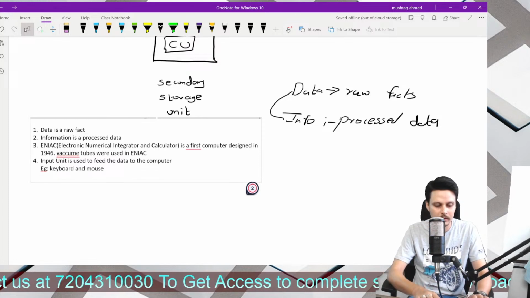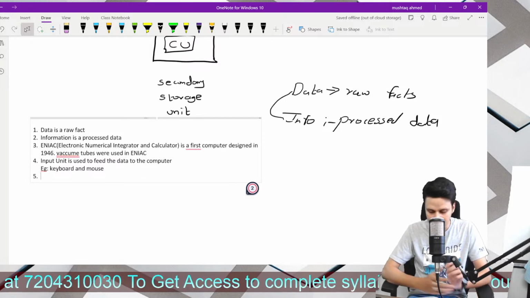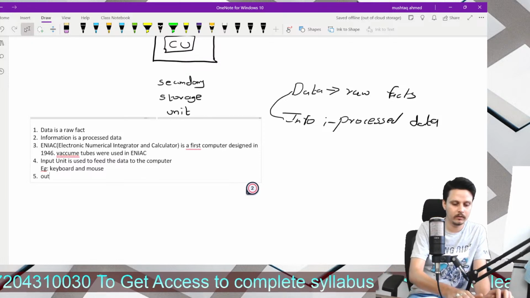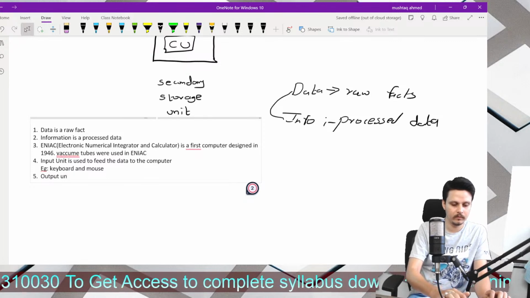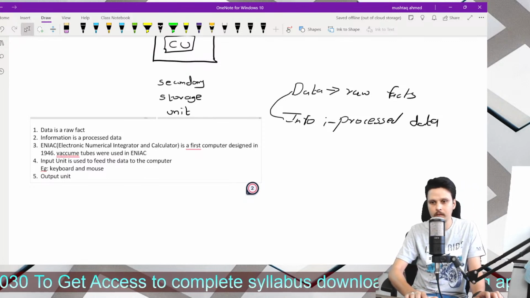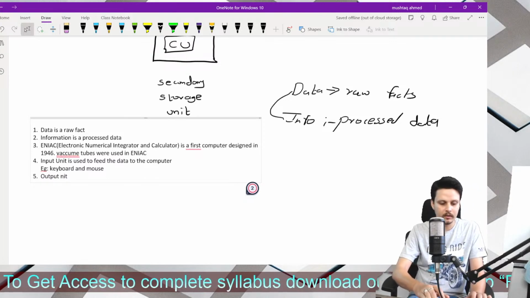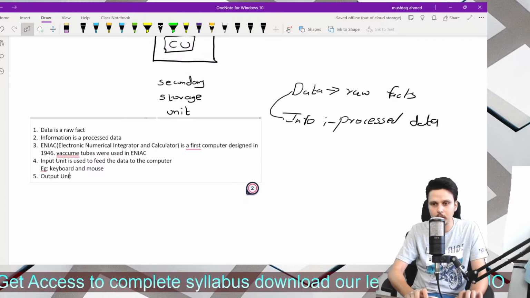So fifth point is output unit. What do you mean by output unit?